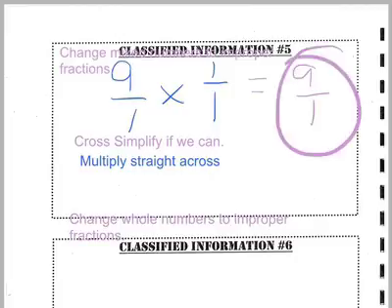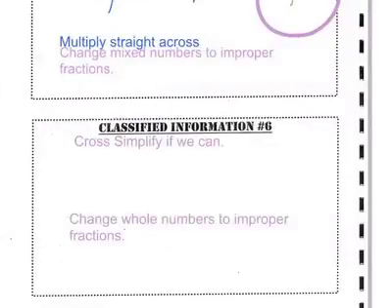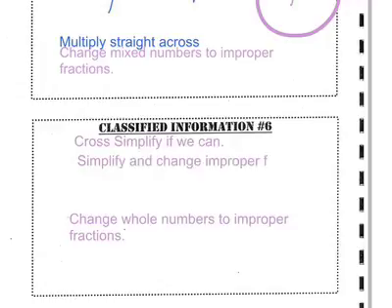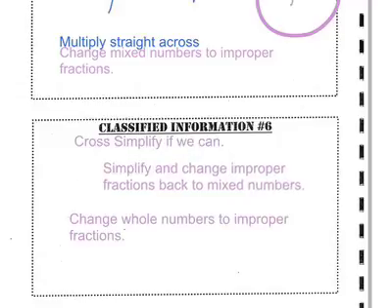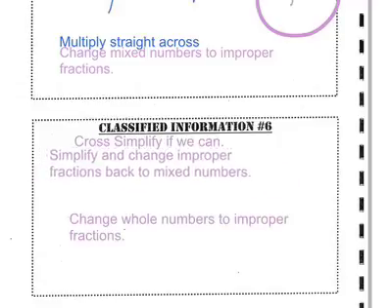Okay, let's go down here, and our last piece of information is to simplify, and change improper fractions back to mixed numbers. Okay, that's awesome. So in this case, we're left with 9/1 as our final answer. We just will change that to 9, okay?